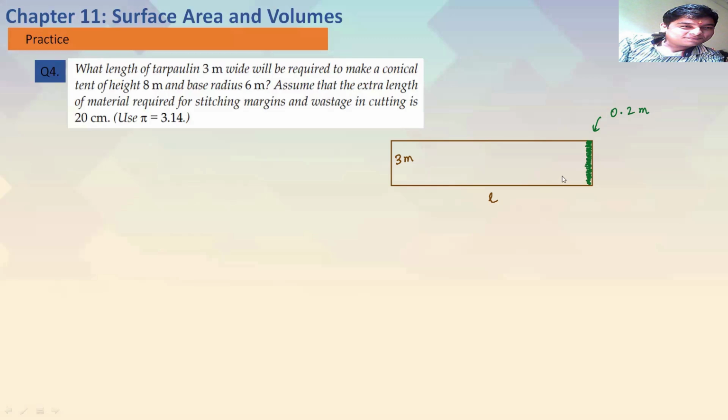So what will be the length from here to here? This part only. Let me just shade it in red. So the red part, what is the red part going to be if the length of that green part is 0.2 meter? Can you tell, Raghav?